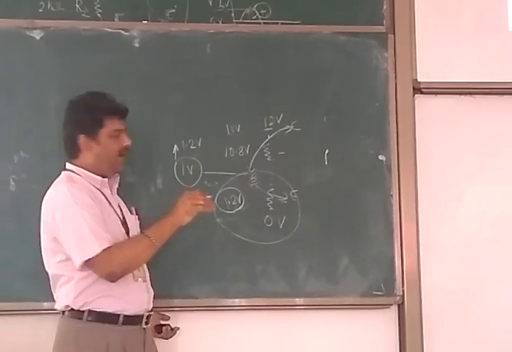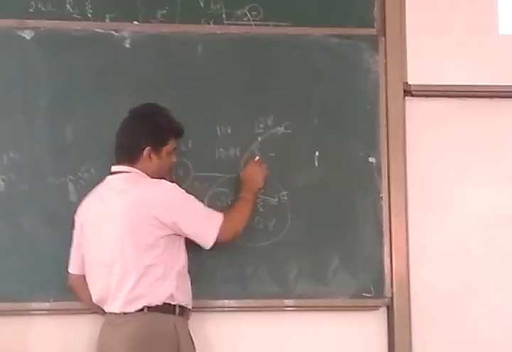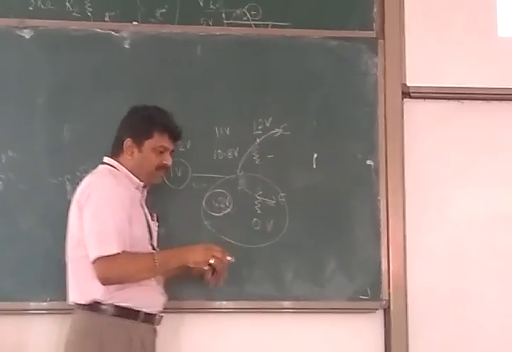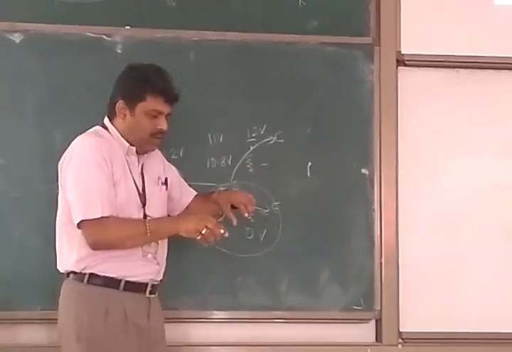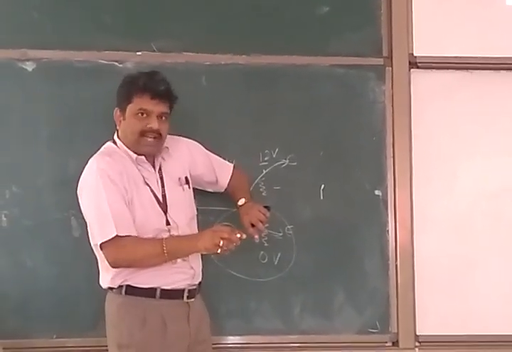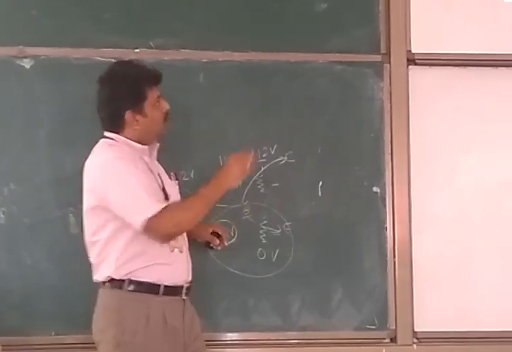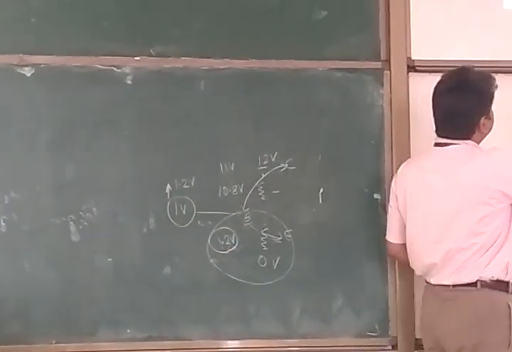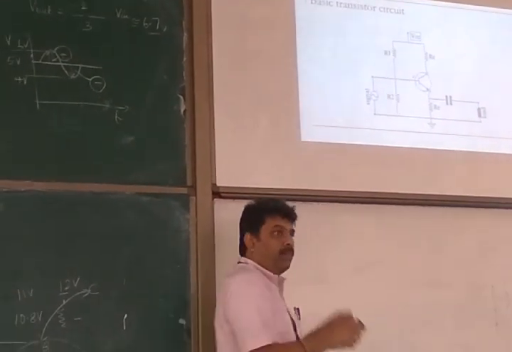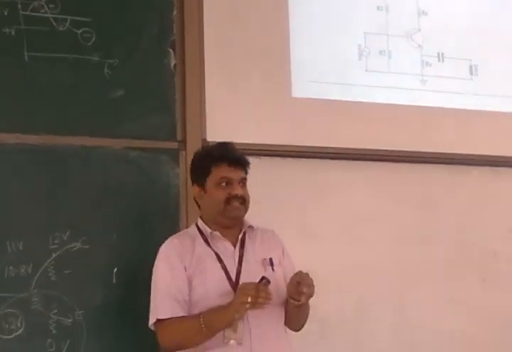Decreases. Okay. Here also resistance decreases. In both ways, resistance decreases means what? You are opening the tap. Resistance increases means you are closing the tap. Visualize something like that. So in both junctions, BC junction and BE junction, both resistances decrease.